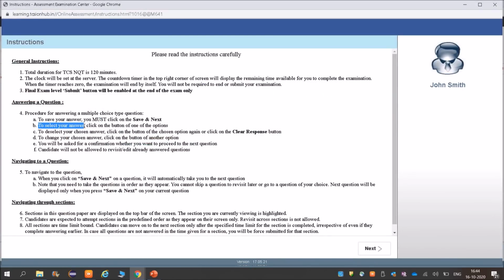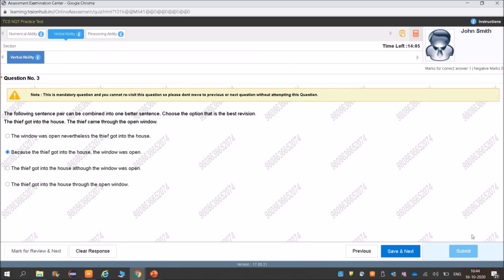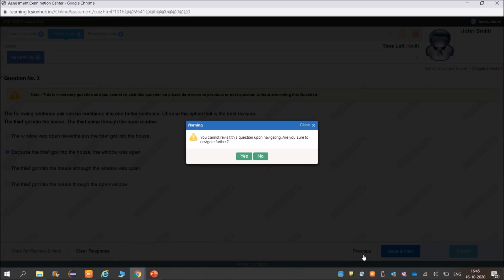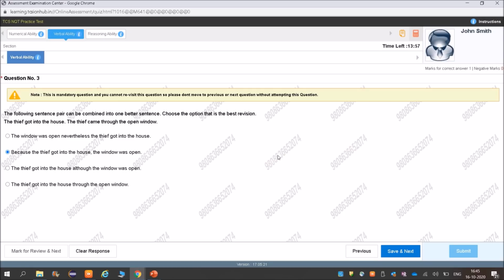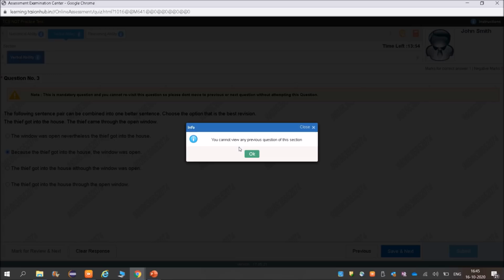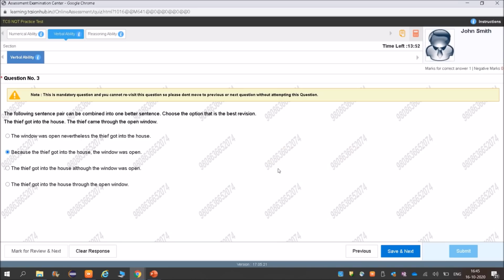To select your answer, click on the button of one of the options. So you can select one of the options and then you can move ahead. Okay. Now you can see, if you click on previous, you cannot revisit the question upon navigating. You cannot view any previous questions of the section. So you cannot revisit the question once again.